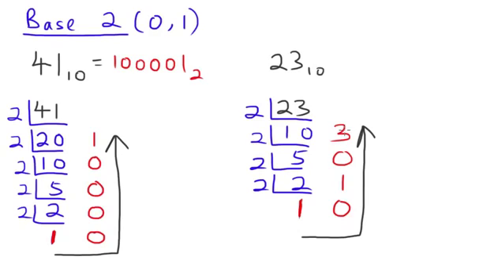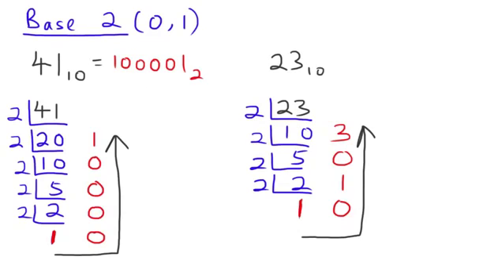And where is my mistake? It's over here. Because 23 divided by 2 should be 11, not 10. So I have a wrong remainder here. So be careful. If you have made a similar mistake, you have to be aware so that you could change the answer and get a correct answer.